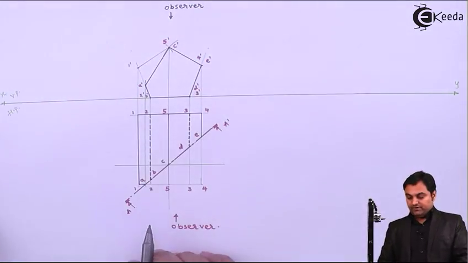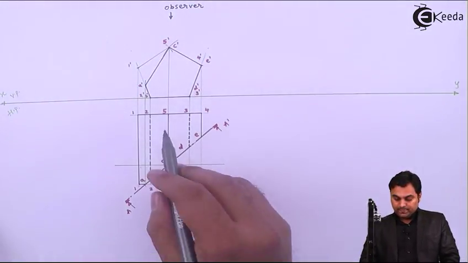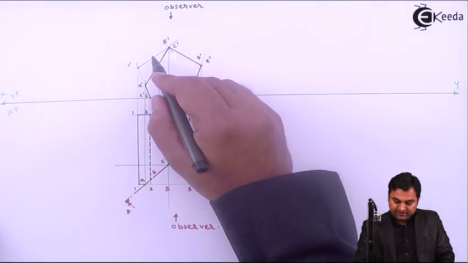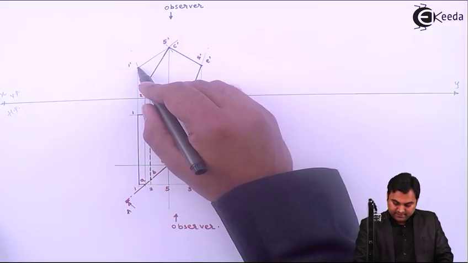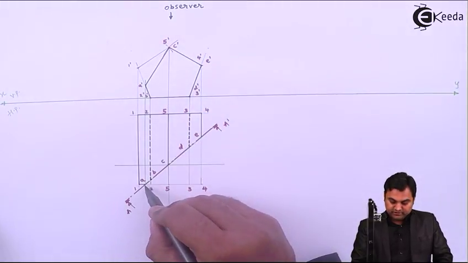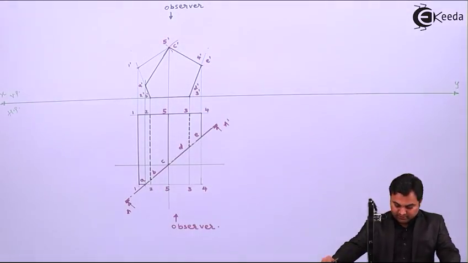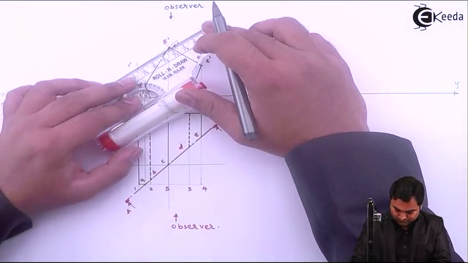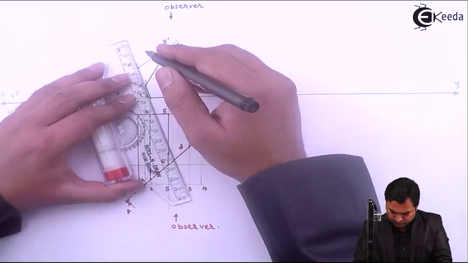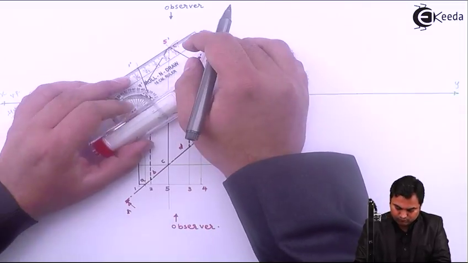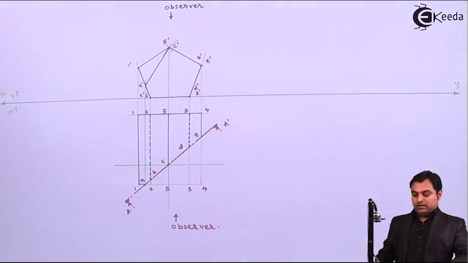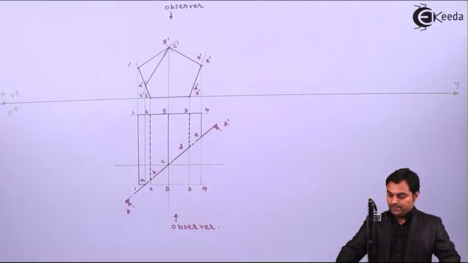Then when we are looking as an observer here, at that time from 5 to 1 will be visible, and 1 to A, that is also visible, so I'll have to make it dark. Then I'll draw the section lines over it.